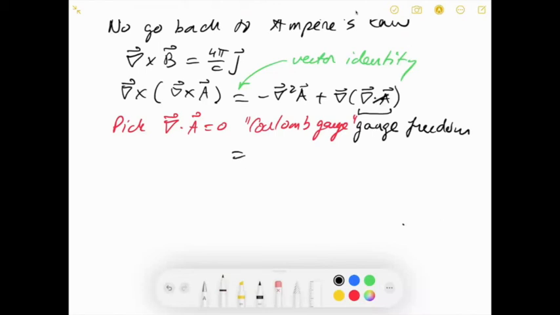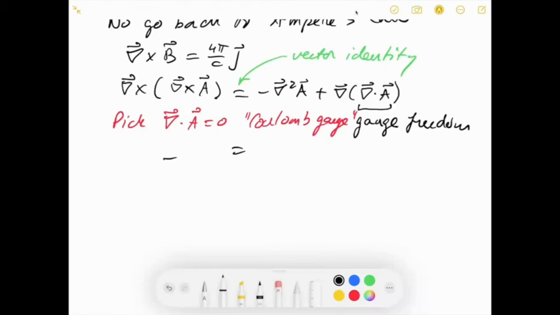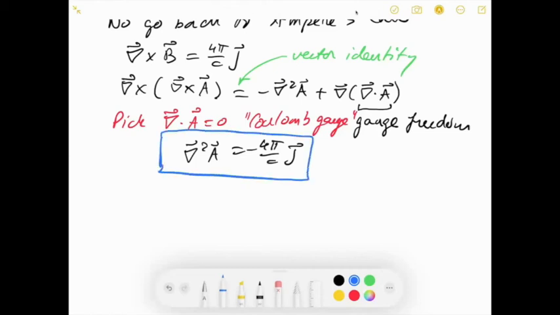That means this becomes 0, and now we have minus the Laplacian of A is equal to 4 pi over c j, or minus plus. And this is now basically the Poisson equation for A.